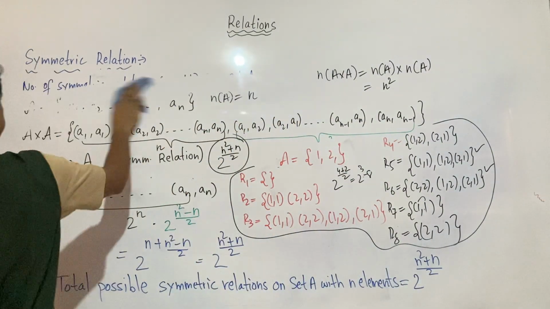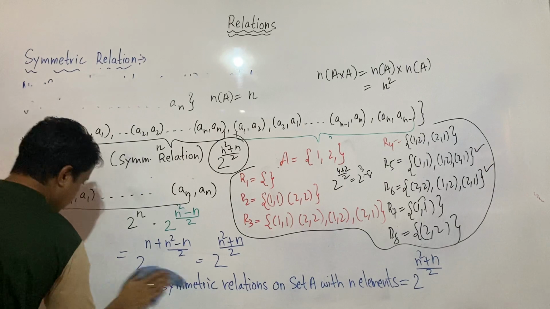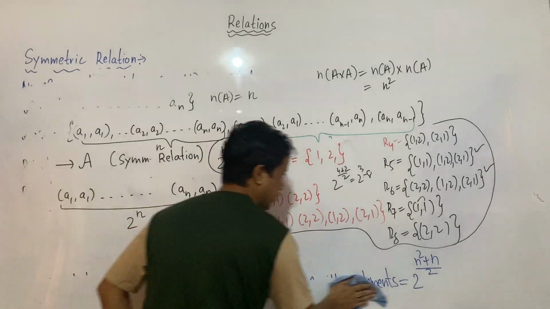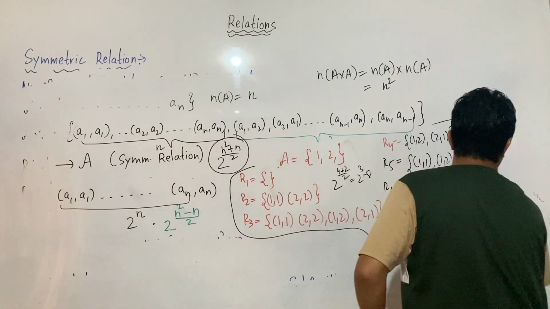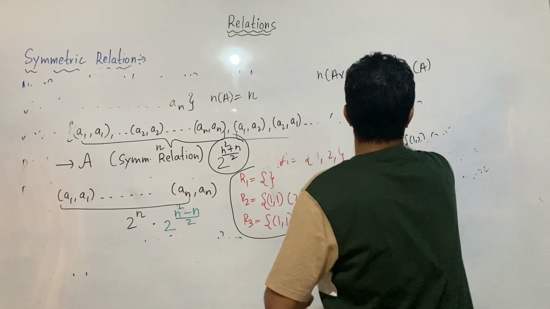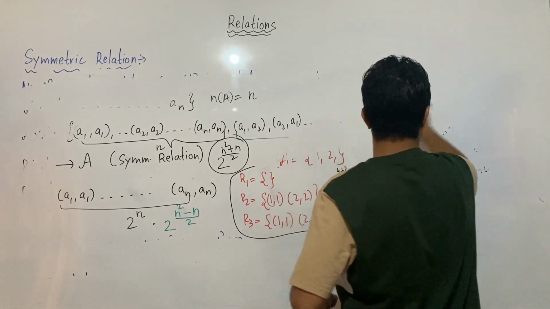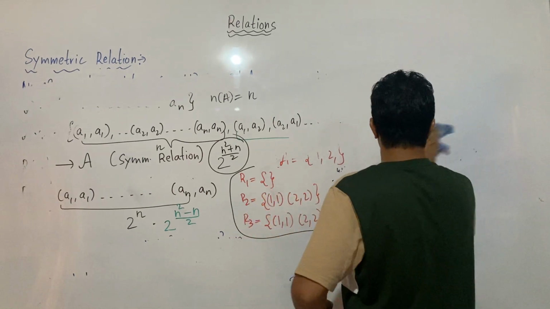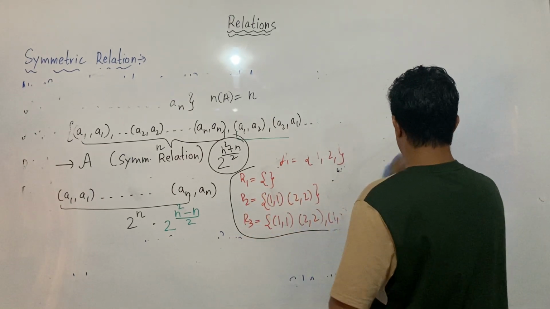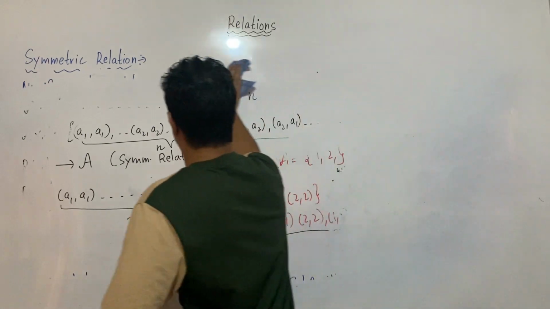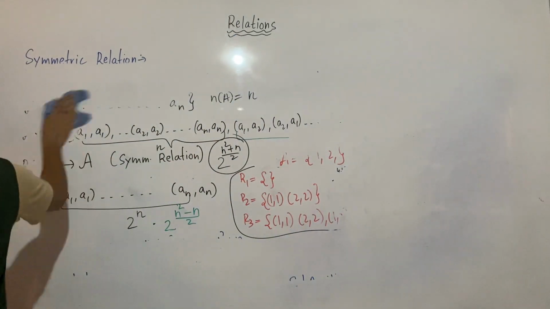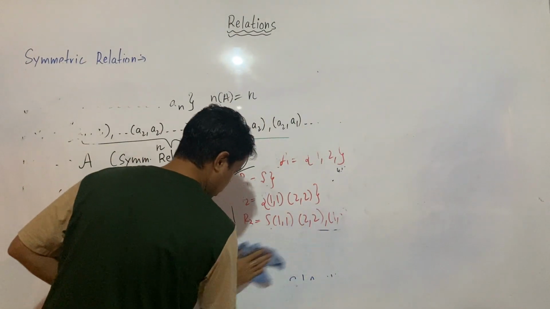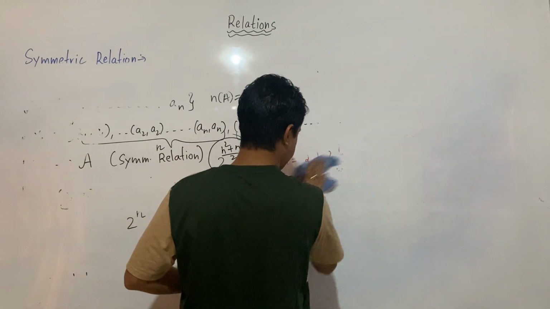Next is transitive relation. Now, what is a transitive relation? Transitive relation is very important, and it is one of the relations that is most confusing to students.